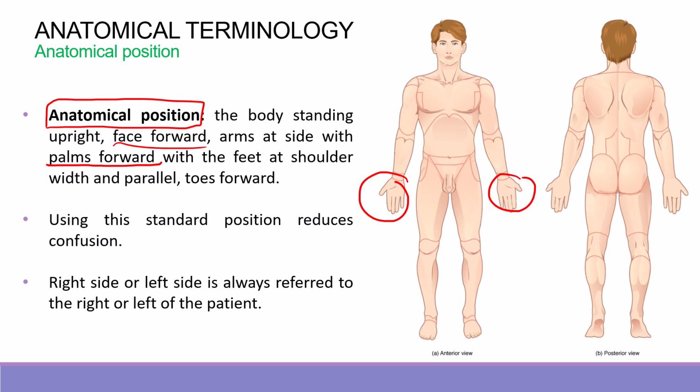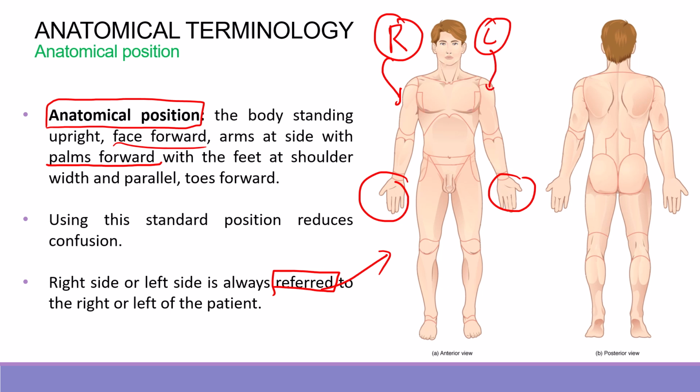The most important thing to also take into account is that when we describe anatomy, right and left, we always have to take the patient's right and left as a reference. So if I look at this picture and I know the patient is this, I have to realize that this is the right, just because this is the right side of the patient, and this is the left arm for the left side of the patient.